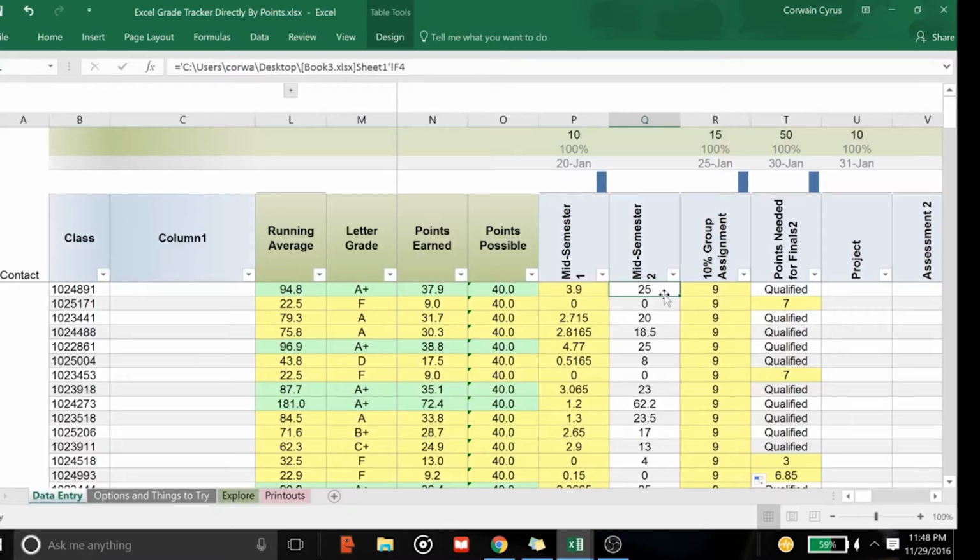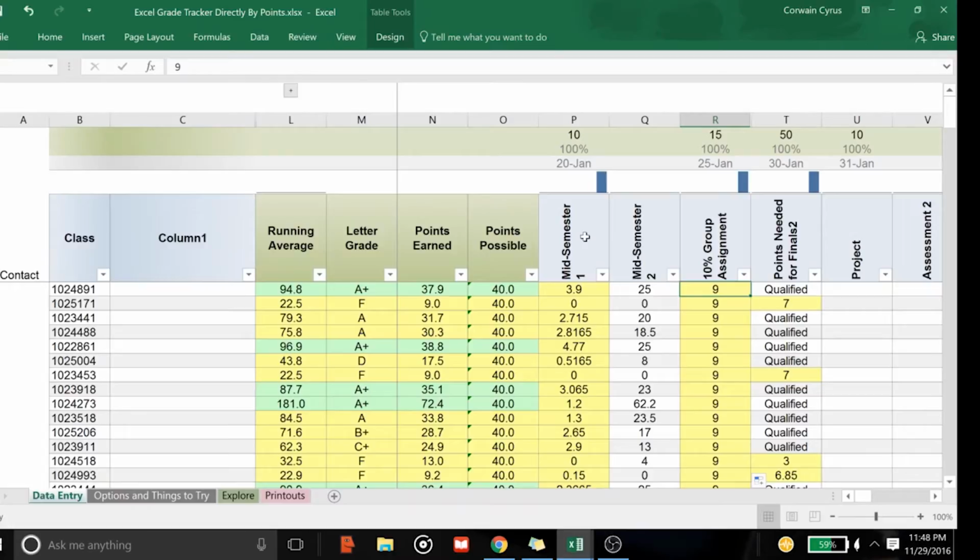The mid semester two and a 10% group assignment, which I'm projecting that the entire class will get about 9%, 90%. Now, forget about mid semester one.